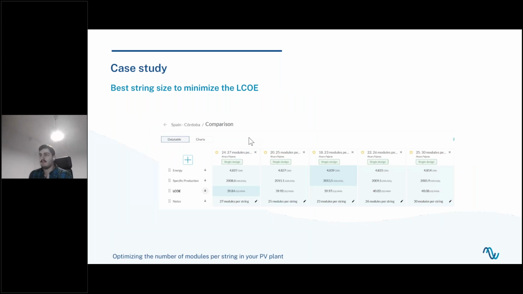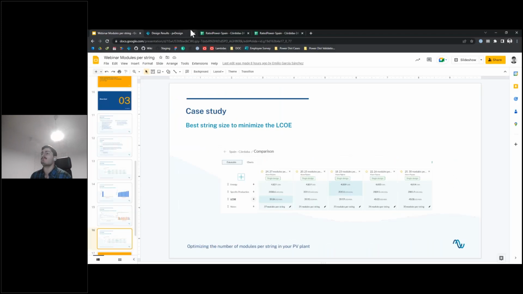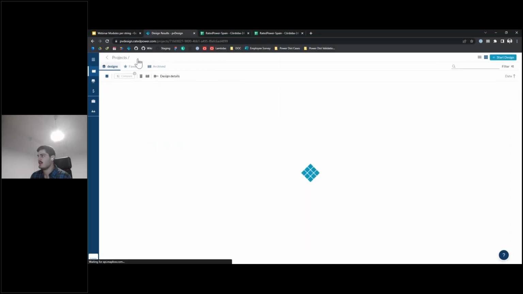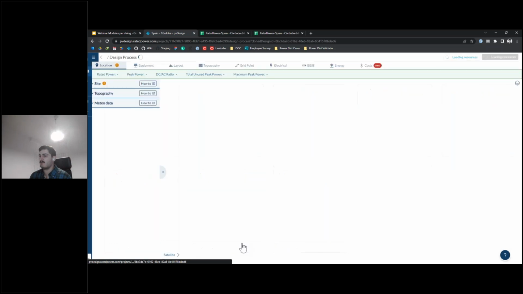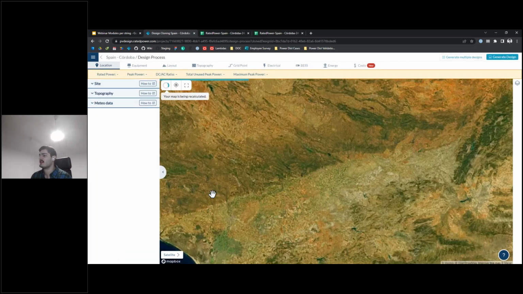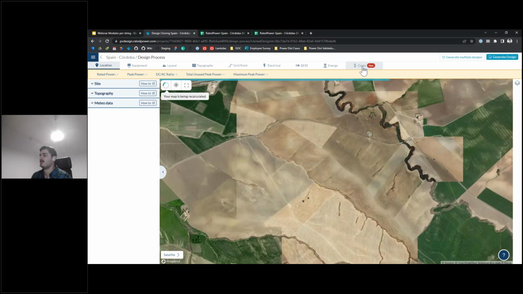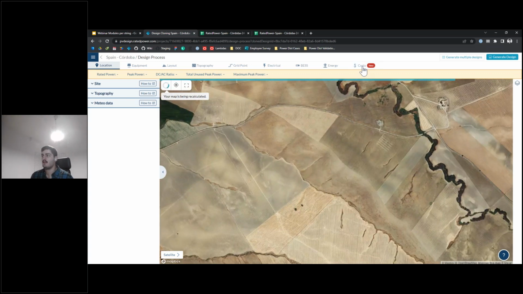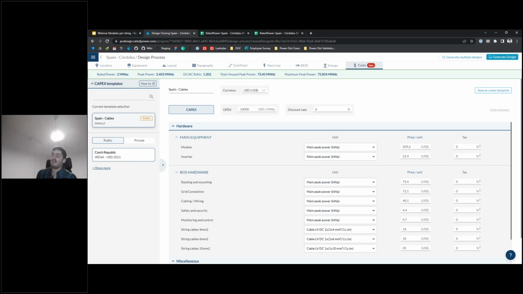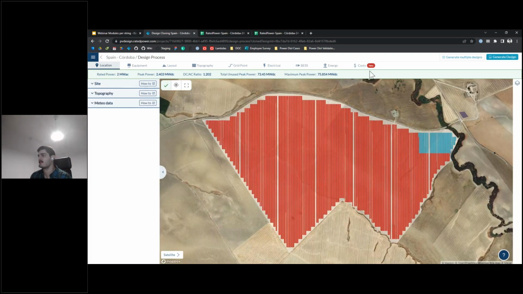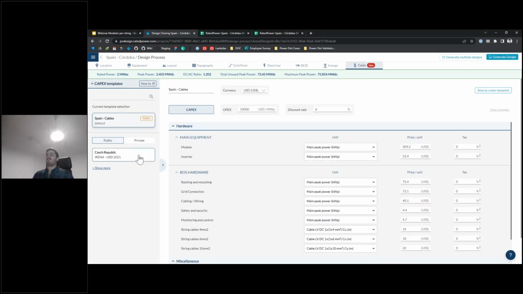Lastly, here we have the comparison with the LCOE. To test the LCOE, what I have done is that in pvDesign we also have the possibility to evaluate the costs of a PV plant. To do so, depending on the country in which we are working, in this case Spain, the location of this parcel, pvDesign will automatically give us information about the prices taken from IRENA for different countries.